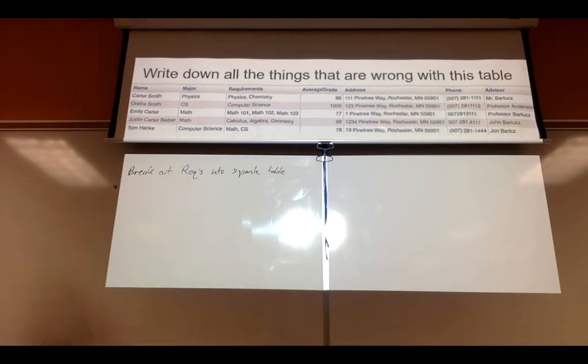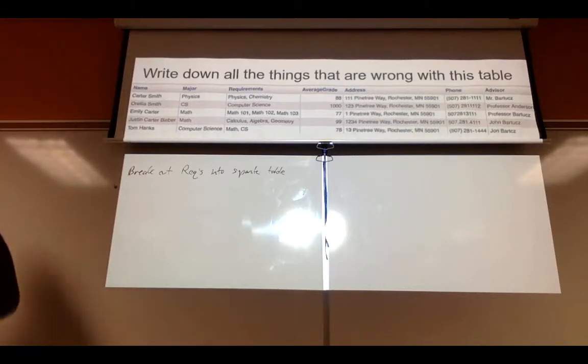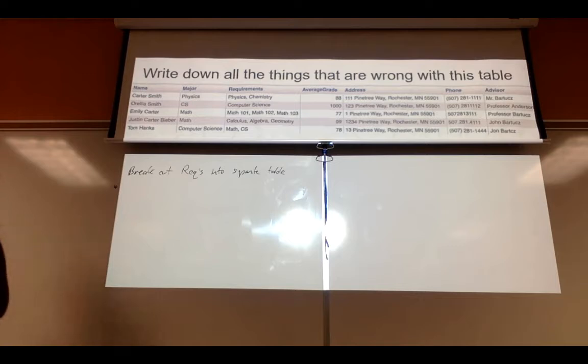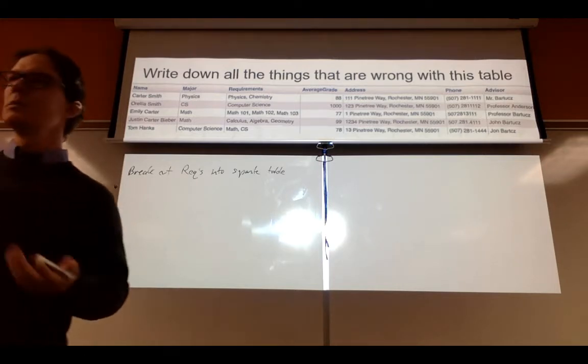So, calculated columns, and again, I'm going to put an asterisk beside it because we'll learn later on that there are cases where we want it. But in general, databases are supposed to store data. They're not supposed to calculate data. Asterisk, with some exceptions.